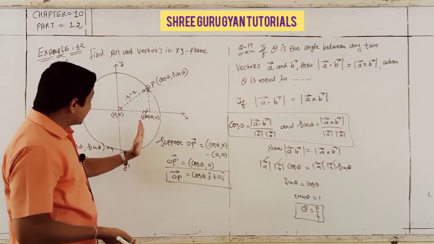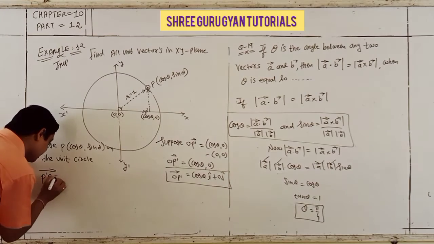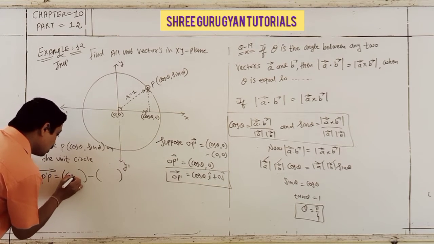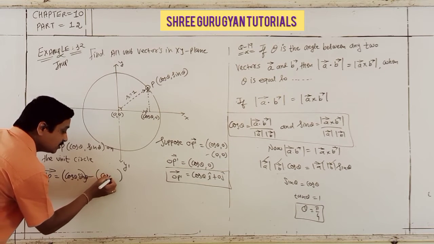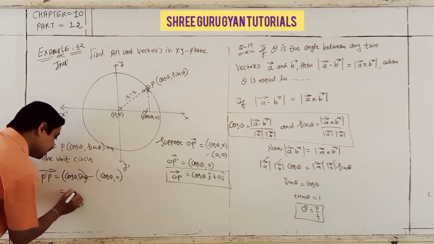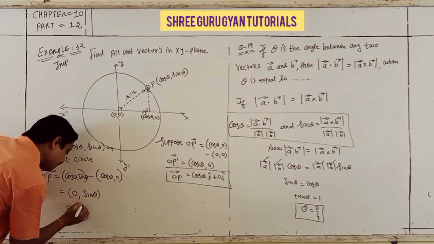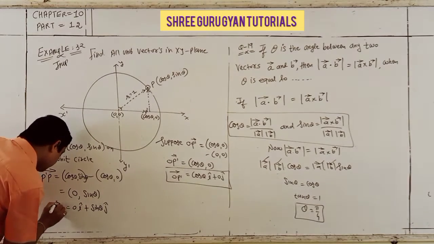Now I will check this direction, P dash P. Yes, so students, next P dash P is nothing but P minus P dash, cos theta comma sin theta minus P dash, cos theta comma 0. Now just subtract, it is 0, but that is sin theta. It means 0i plus sin theta j. That is your P dash P.